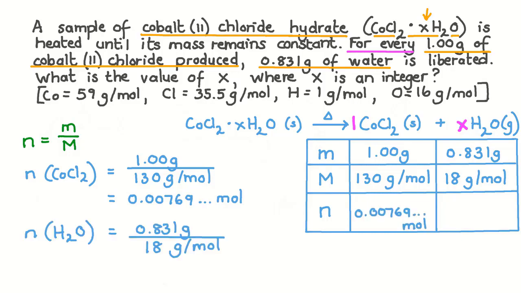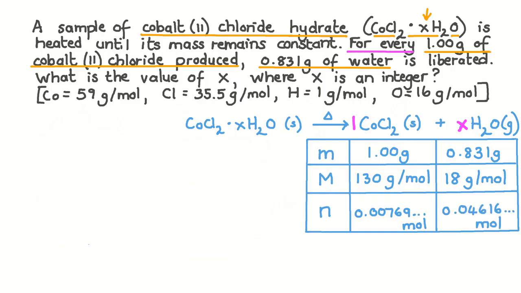For water, the number of moles is equal to its mass, 0.831 grams, divided by its molar mass, 18 grams per mole, which gives 0.04616 moles. Since the ratio of the moles of cobalt-2 chloride to water is the same as the stoichiometric ratio 1 to x, we can now solve for x.